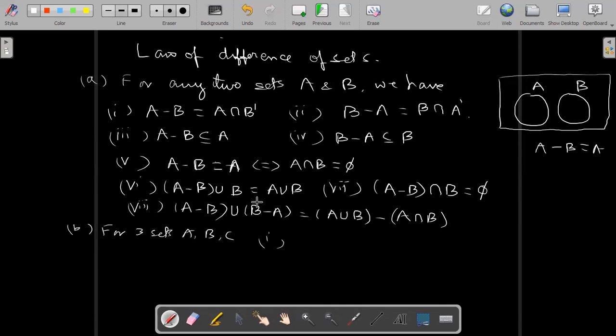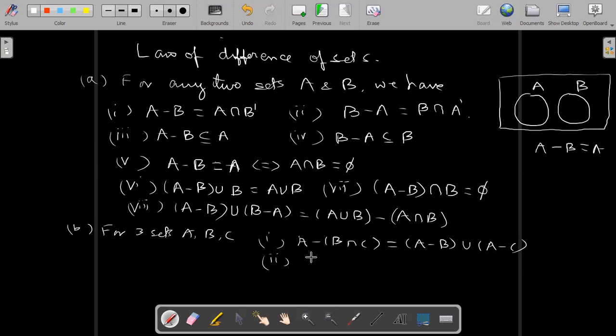Okay. So A minus B intersection C will be equal to, minus is distributed over intersection, A minus B but this will become union, A minus B union A minus C. The left-hand side is intersection, but it will become union.